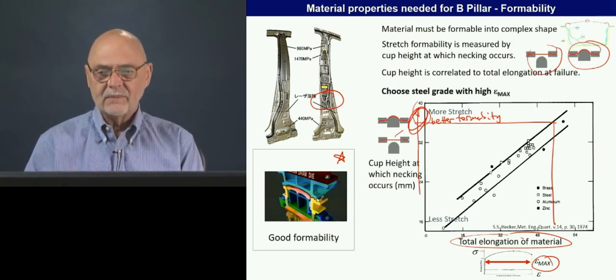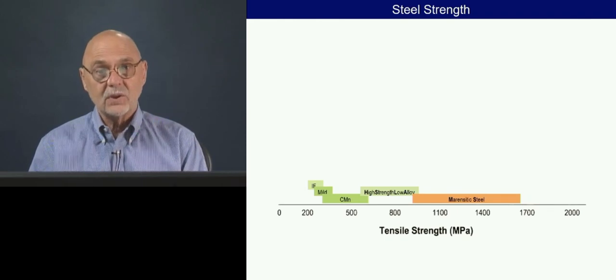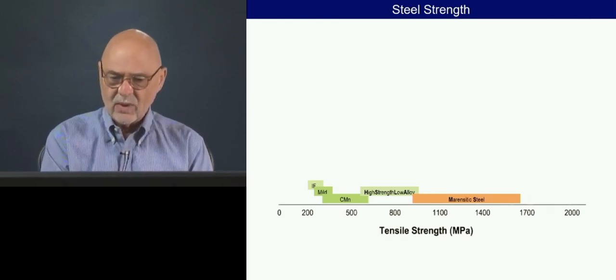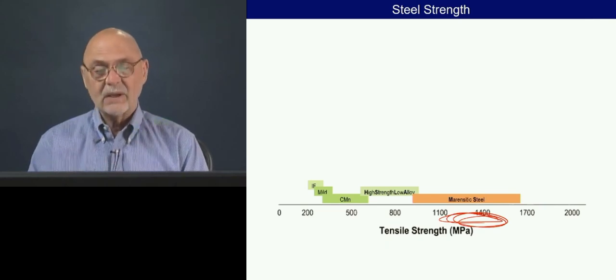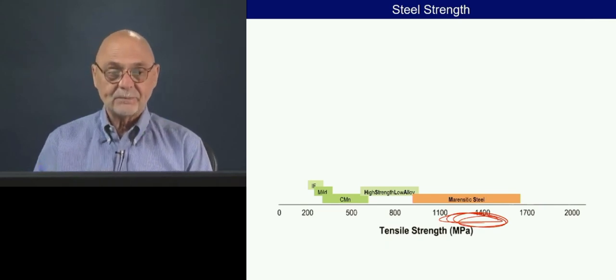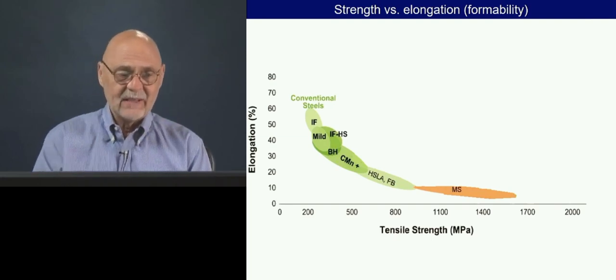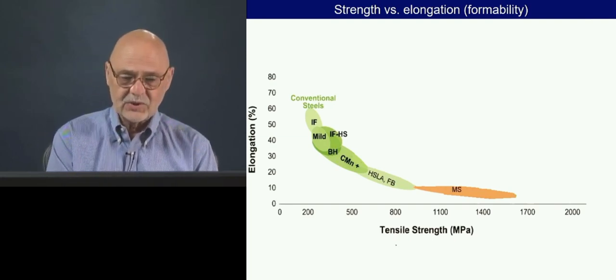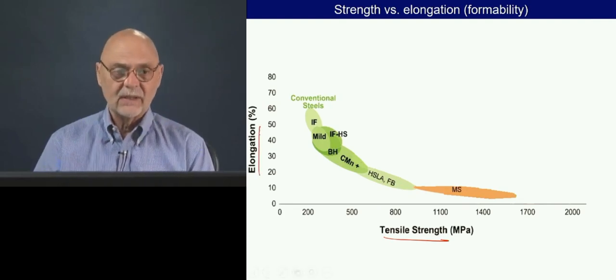So when we look at the high strength steel grades, we can say, well, for the functional aspect, we want to be out here, very high tensile strength. But unfortunately, the nature of steel is that there's this relationship between tensile strength and maximum elongation.